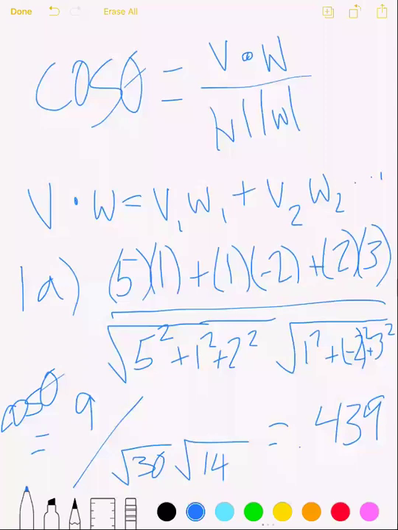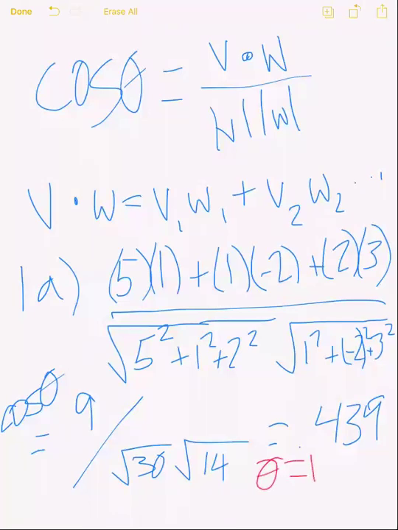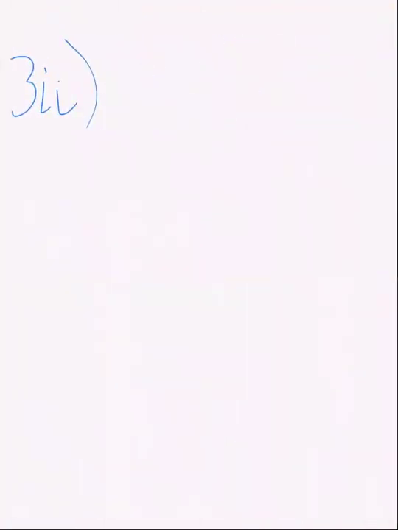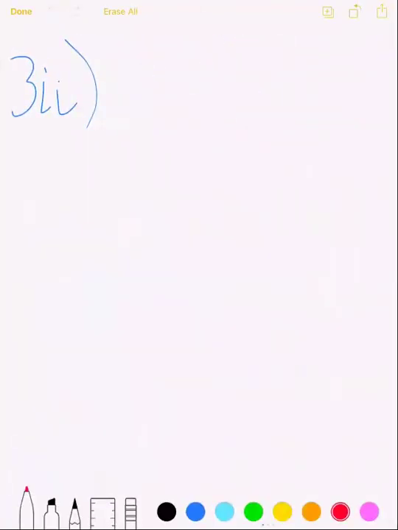And it says in radians, so just make sure that your calculator is in radians. And you end up getting that theta is equal to 1.12. Sorry. Question 2, you just leave it in terms of cosine theta. So you would have been able to stop where we just stopped.